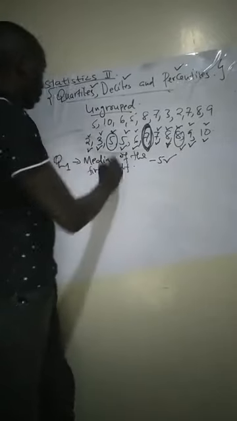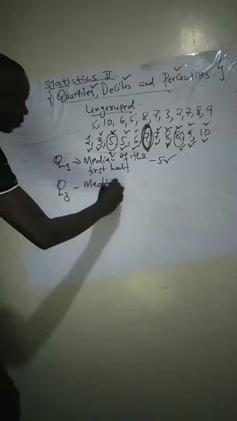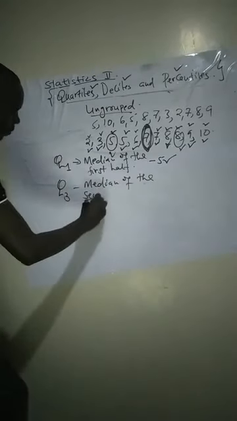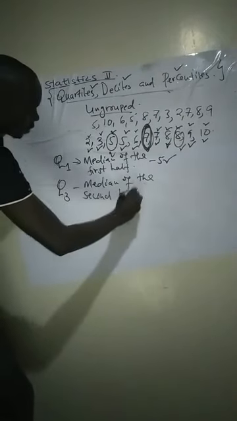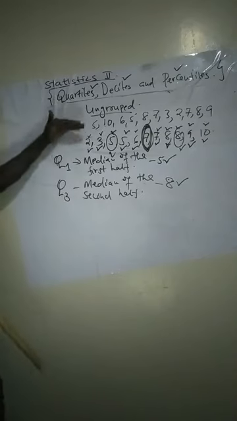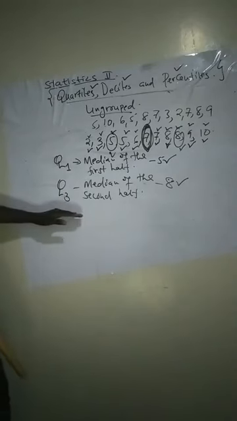In this case, I've got the answer as 8. So that is how you find the lower quartile and the upper quartile in the case of ungrouped data.